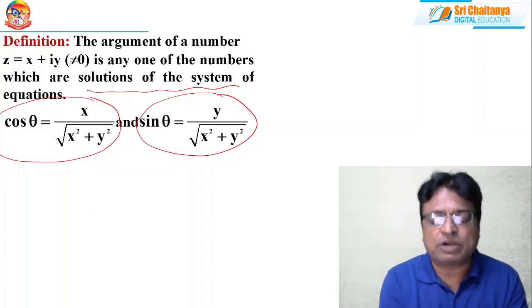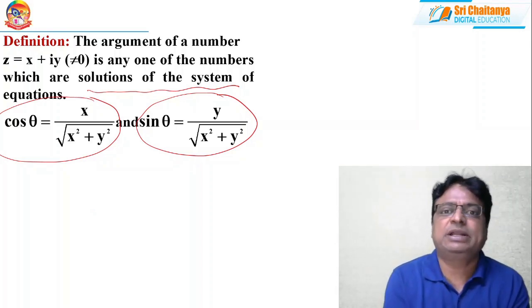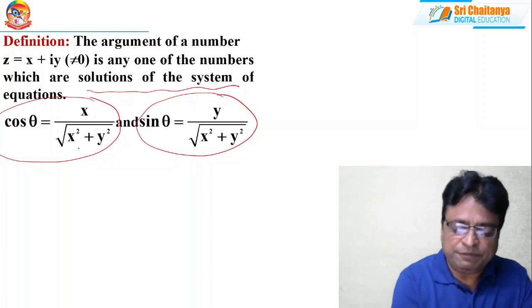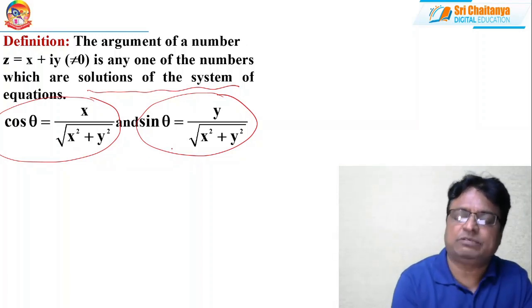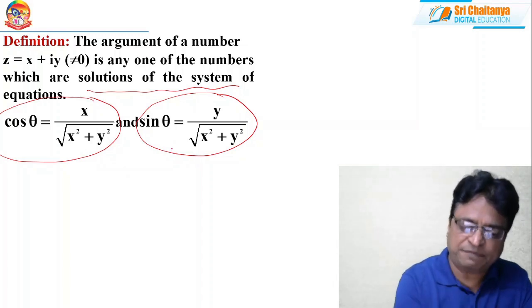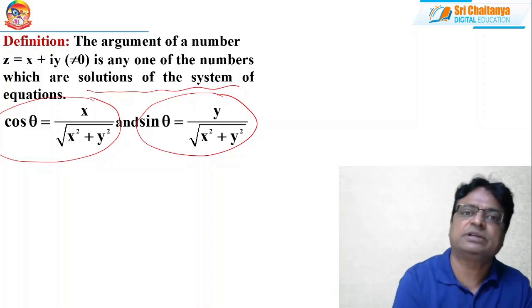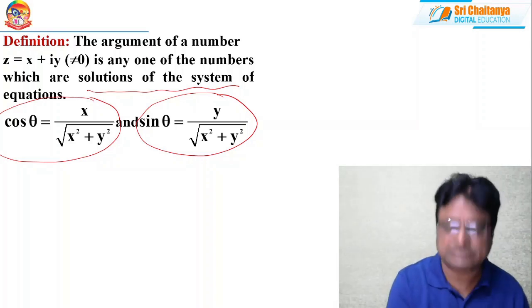These two are trigonometric equations, a simultaneous system of equations. If we solve these two equations, the solution so obtained for this system is nothing but the argument. That is the original definition for the argument of a complex number.